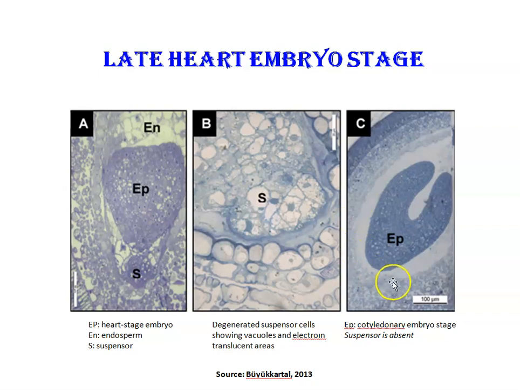I can see here no suspensor is there. So later it degenerates at the late heart stage of embryogenesis and is not present in the mature embryo. You can see here degenerating suspensor cells showing vacuoles and electron translucent areas, and here the cotyledon embryo stage where the suspensor is absent.